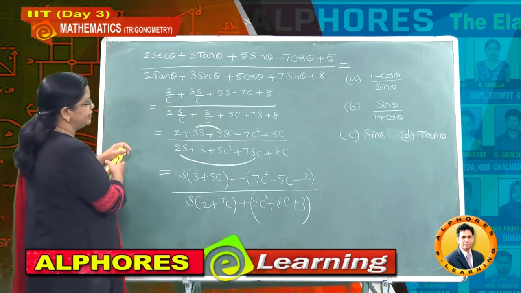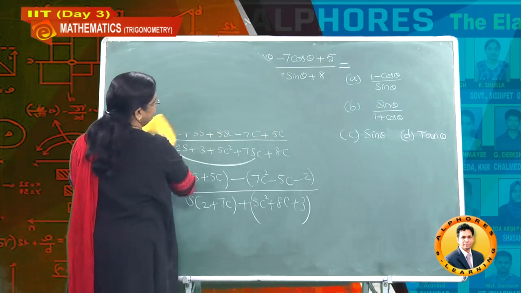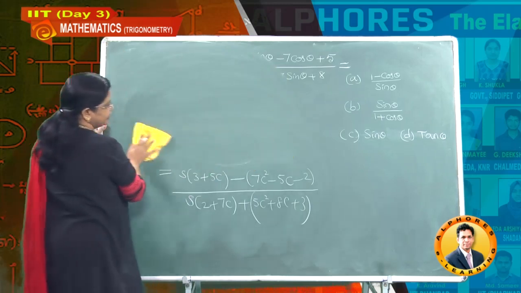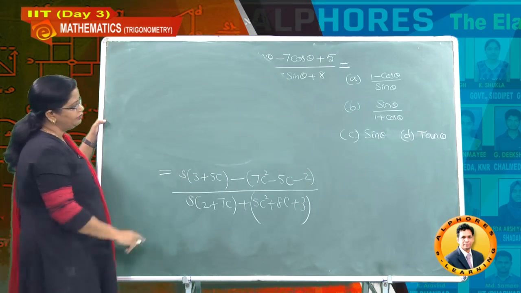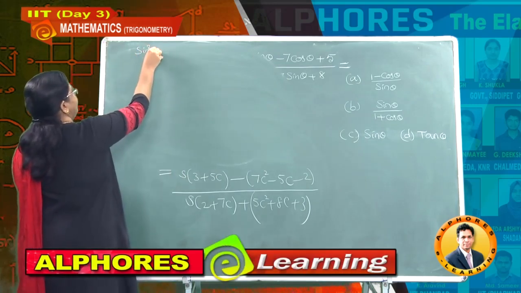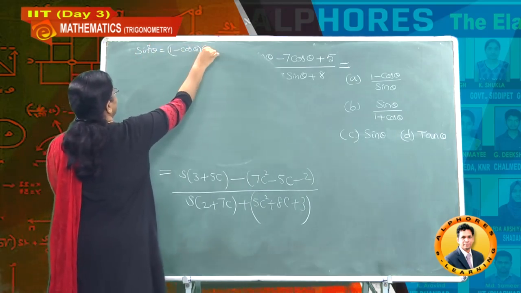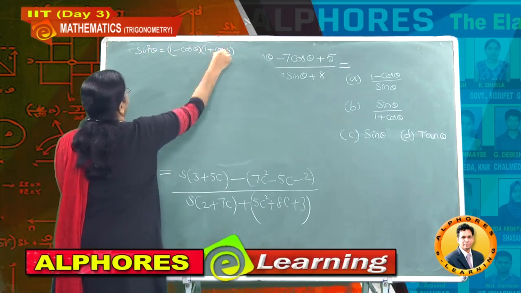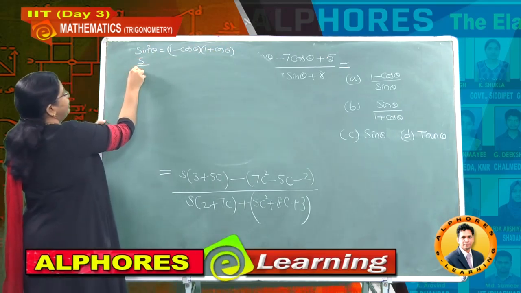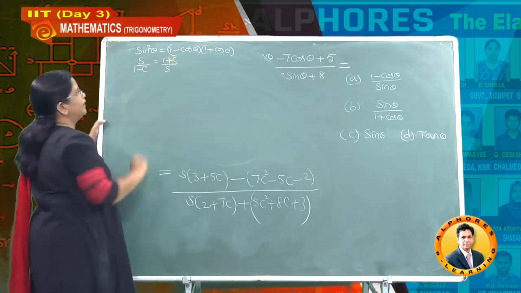After this we need to get some common value to simplify the problem to that stage. So what should be the common value? Now observe carefully, sin square theta equals 1 minus cos theta into 1 plus cos theta. That implies sin divided by 1 minus cos is the same as 1 plus cos divided by sin.